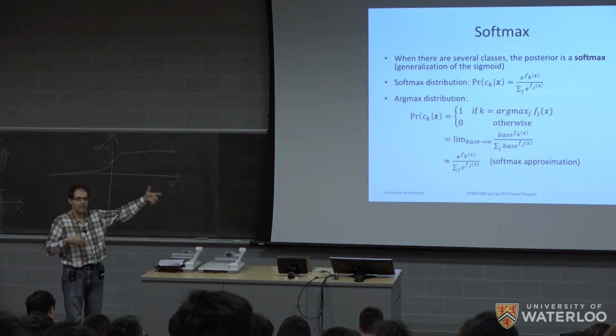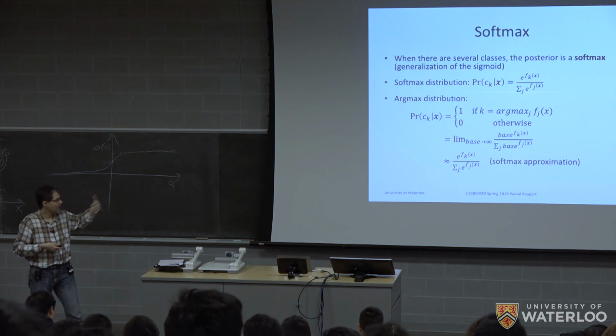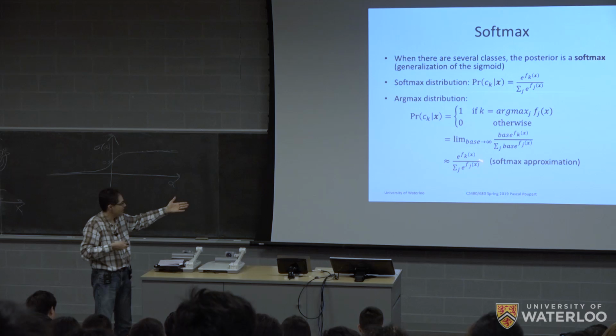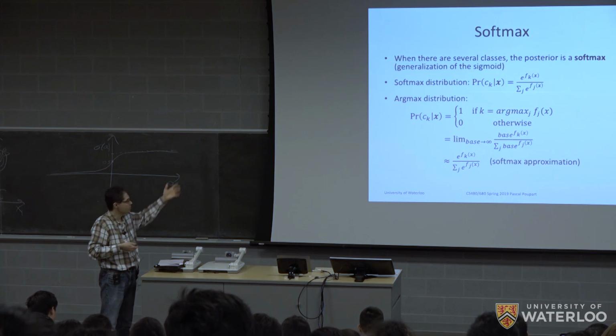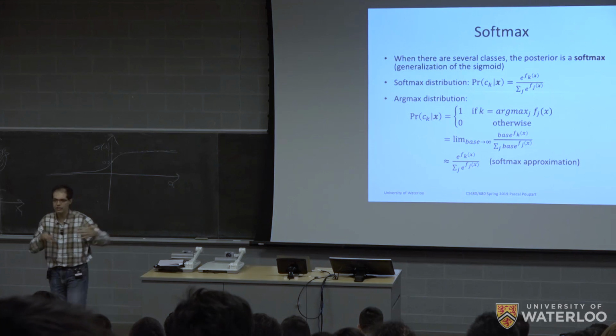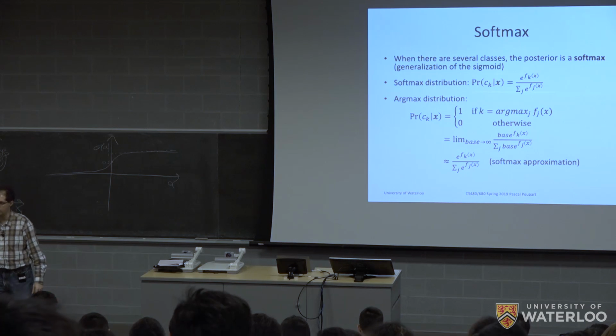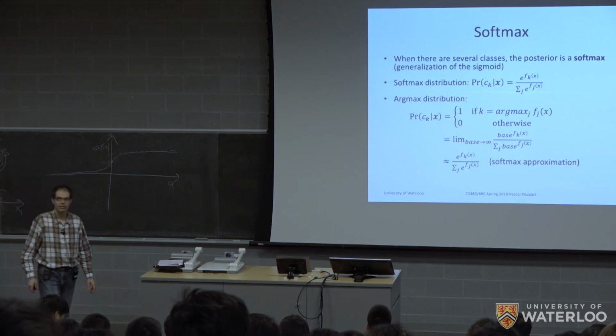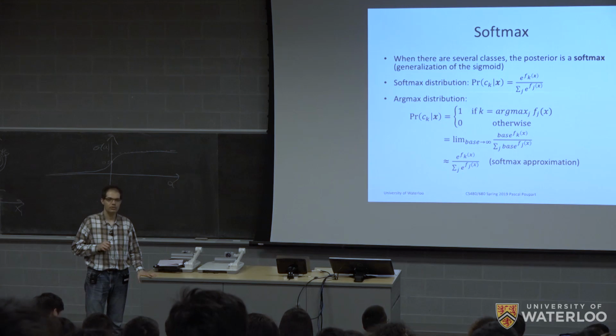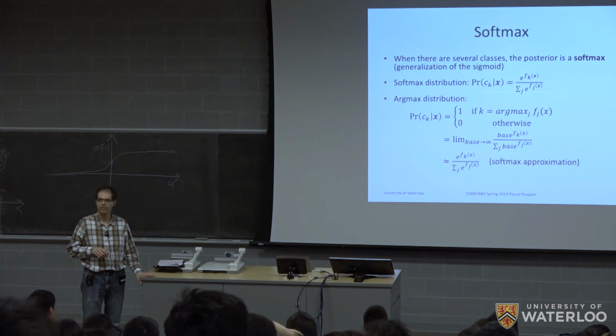But that's the story. That's where this comes from. And then it turns out that this exponential is also what arises when we consider mixtures of Gaussians and we compute the posterior distribution. So that's the origin. Okay, any questions regarding this?